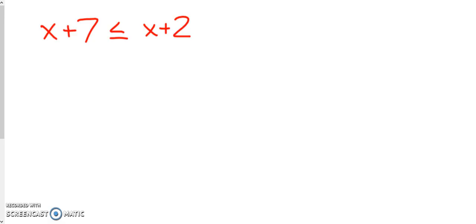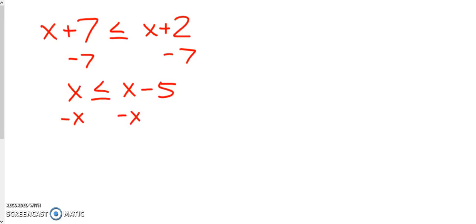What would you do to solve this? Okay. So you'd have x is less than or equal to x minus 5. Then what? Okay.